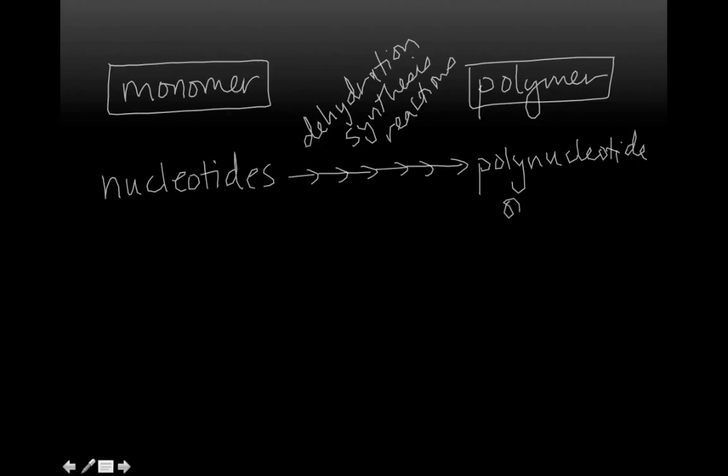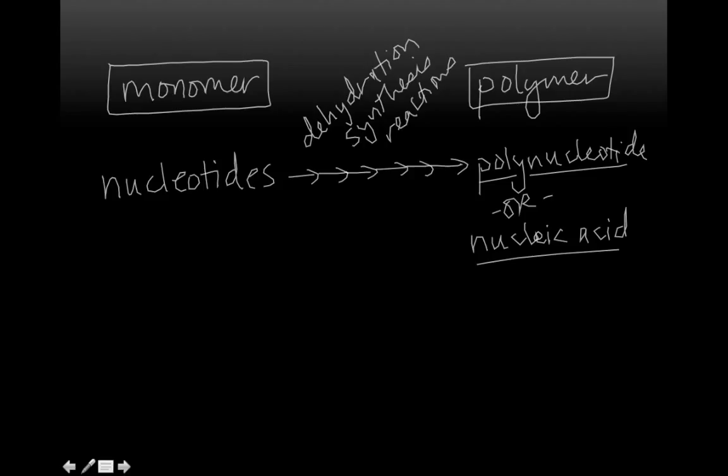Or we can say it is a nucleic acid. Either term is fine for the polymer. It's a polynucleotide because it's made of many nucleotides joined by covalent bonds, or we can say it's a nucleic acid. Those terms are interchangeable for the polymer in this case.